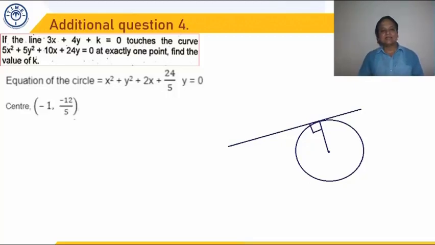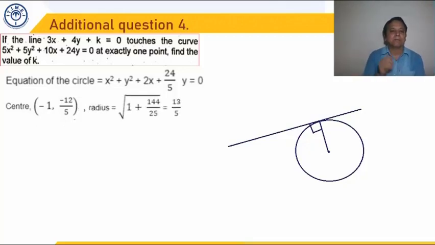Can we say the center is: x coefficient is 2, so its half is 1, we change its sign, minus 1. Center is minus g and minus f. Y coordinate of the center is 24 by 5, half is 12 by 5, and we change the sign, minus 12 by 5. So we get the center coordinates as minus 1 comma minus 12 by 5, and radius as under root of g square plus f square minus c.